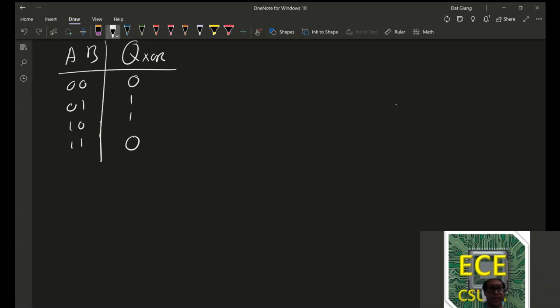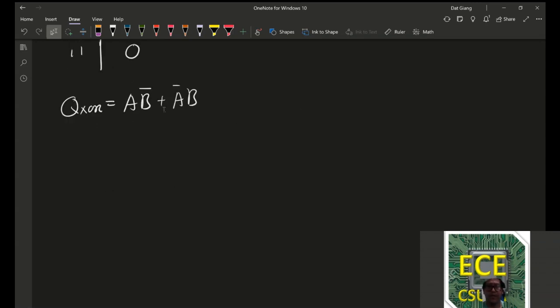And actually, we can represent the output as A B complement plus A complement B. So it's a representation of two AND gates plus an OR gate.